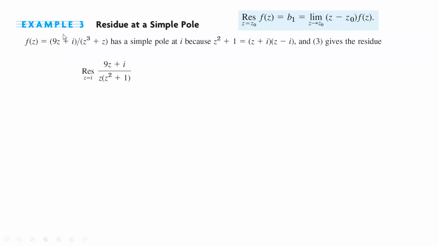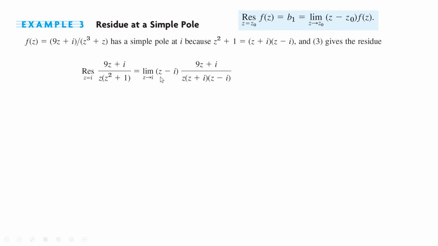Residue of this whole function at z equal to i will be, there are two ways to do that. We have two formulas. One is this. You multiply the function by z minus z naught, which is in this case i, and then evaluate the result at z equal to z naught, which is i here.